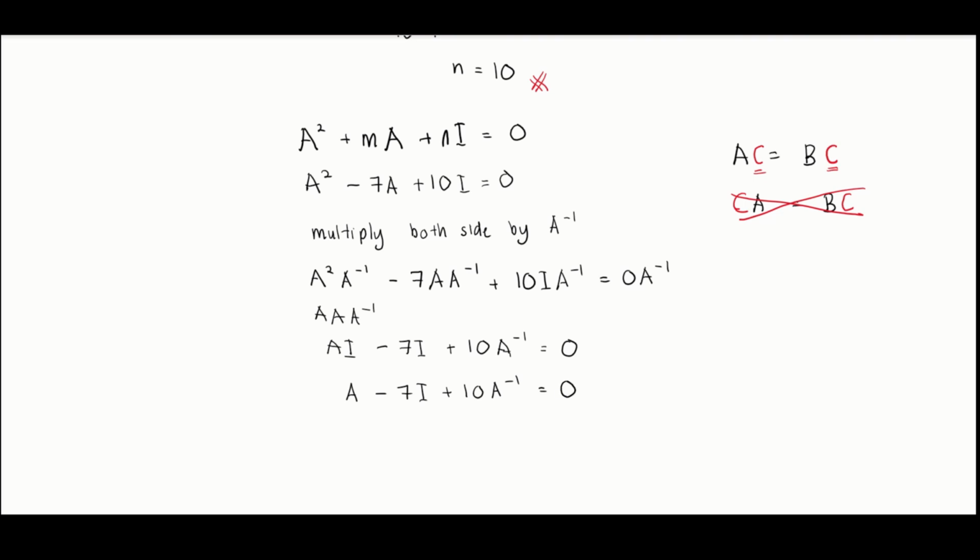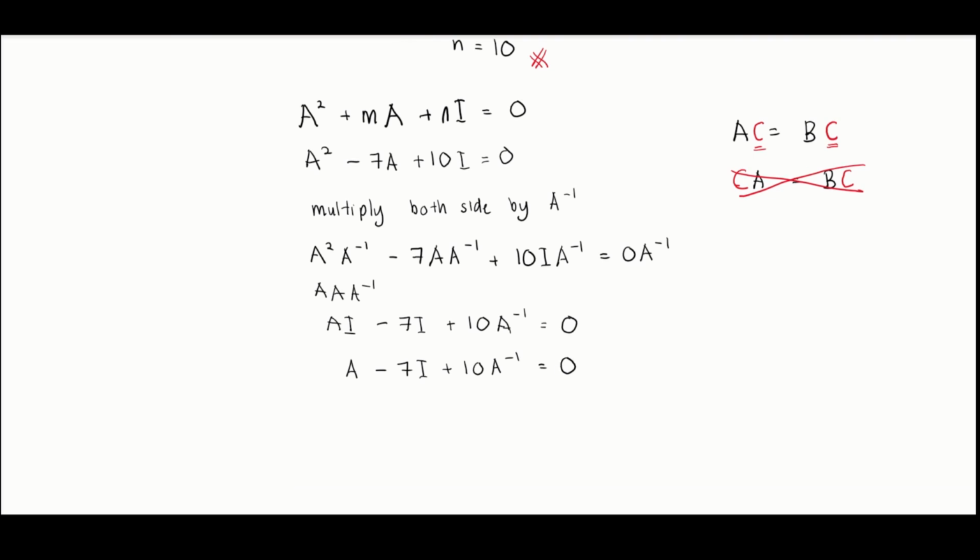And we want to find A inverse, so that means we can rearrange the equation, and we just let the A inverse be the subject of this equation. So we let the A inverse be at the left hand side here. So we bring all A and 7I to the right hand side.